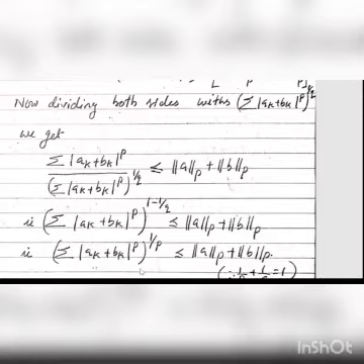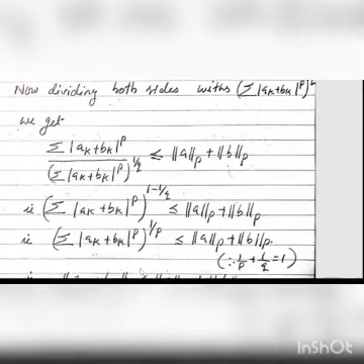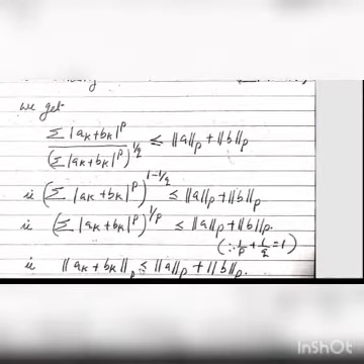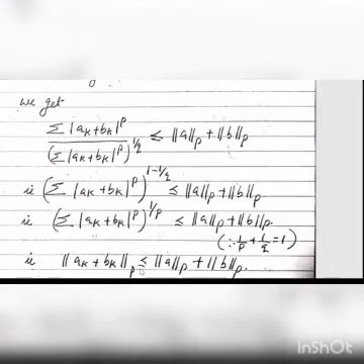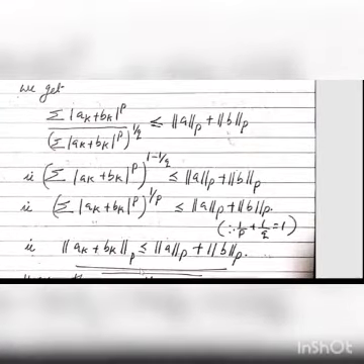Thus, we got norm of AK plus BK is less than or equal to norm of A plus norm of B. As I have said, we use this inequality for proving that norm P is a norm, especially for proving the triangle inequality.